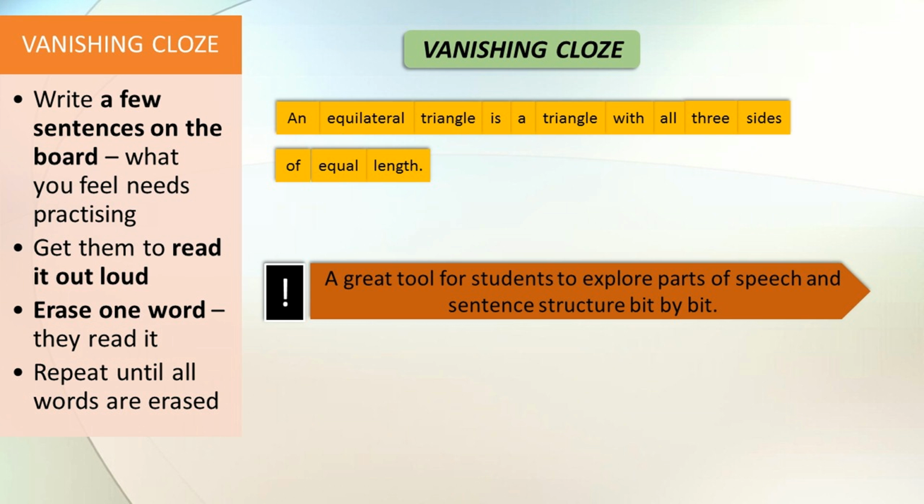Repeat until all the words are erased. It's a fantastic tool using the notion that talk is linked to writing, where students learn and examine the role of parts of speech and word order of words. And of course, you can encourage them to think why it is that before equilateral triangle there is an "e", but before equal length there is none.